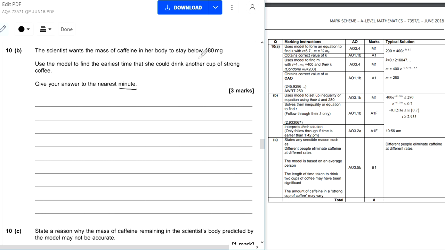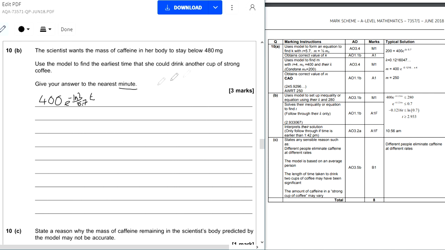But we are now going to have to have an inequality. So we have the initial 400, and we know that it's decreasing by ln 2 over 5.7, I think it was, times t. We've got to account for the drinking of another coffee.